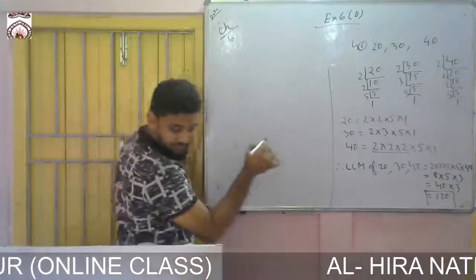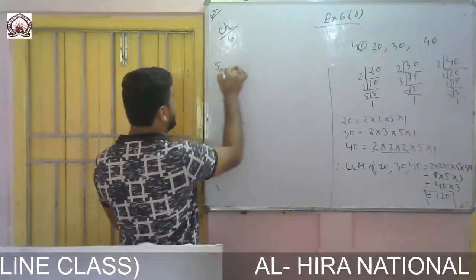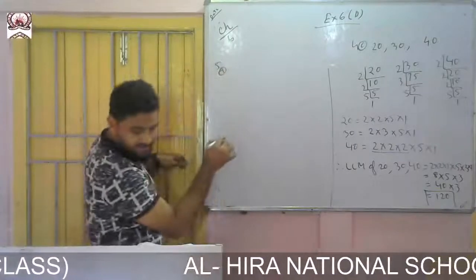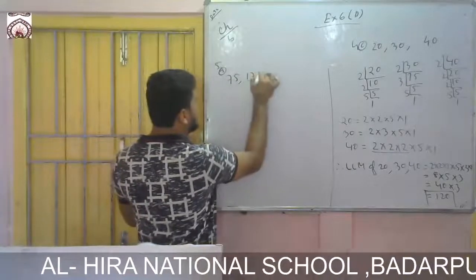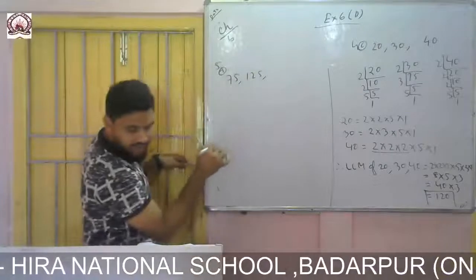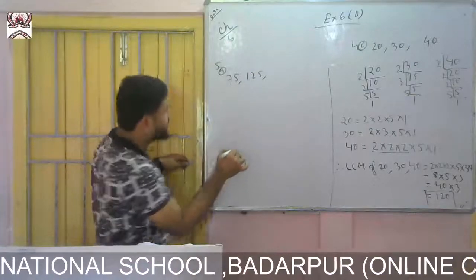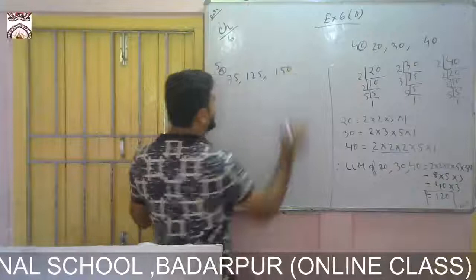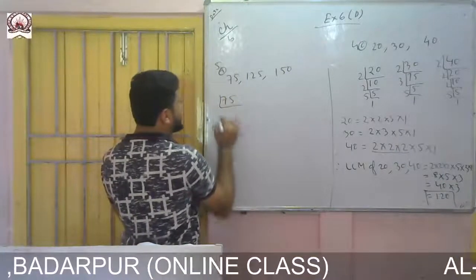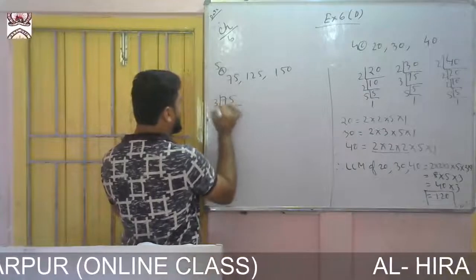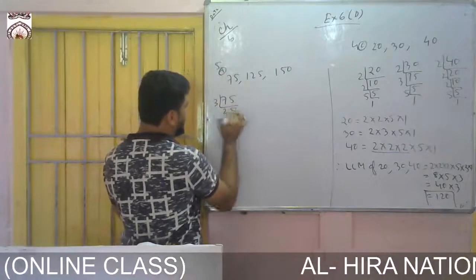So first, factorize 75. With 3: 3 2s are 6, 3 5s are 15.